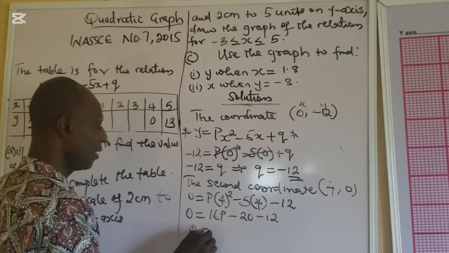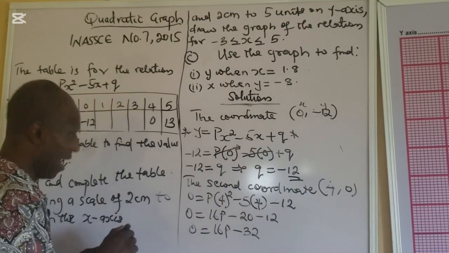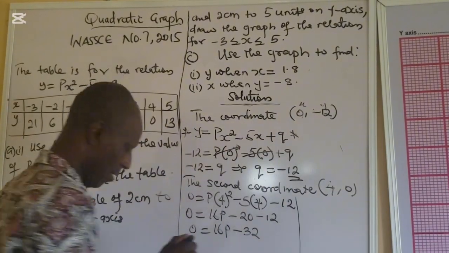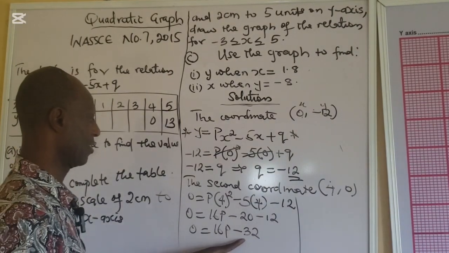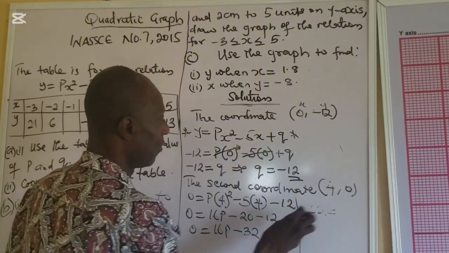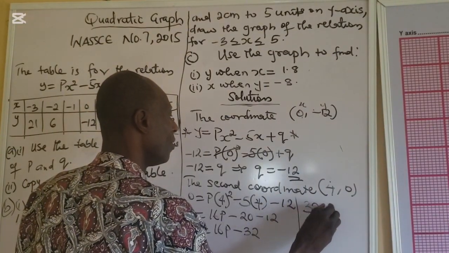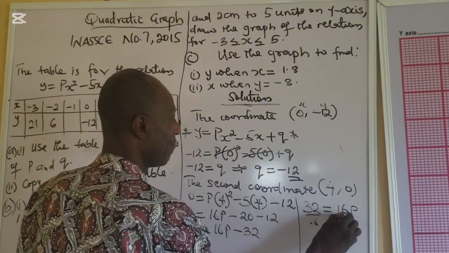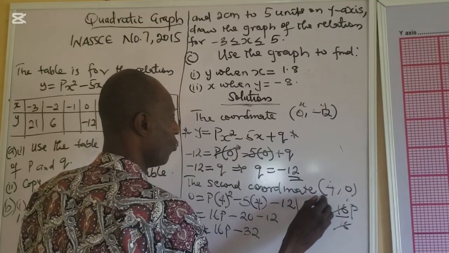So we can now do it again like this. 0 is equal to 16p minus 20 minus 12, which is 16p minus 32. Let me do it somewhere there so we can get the other value. So now, when this minus 32 comes here, it becomes plus 32 is equal to 16p. Then let's divide both sides by the coefficient of p. So 32 divided by 16 will give us 2, and 16p divided by 16 will give us p.